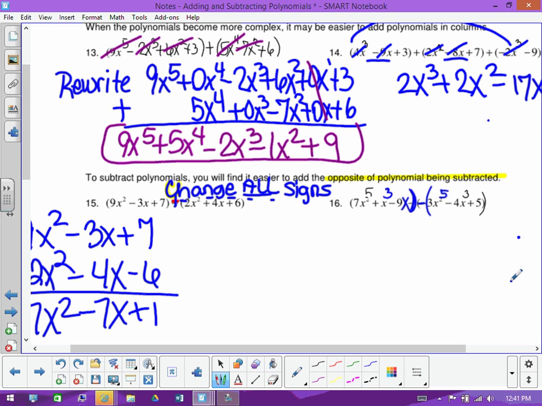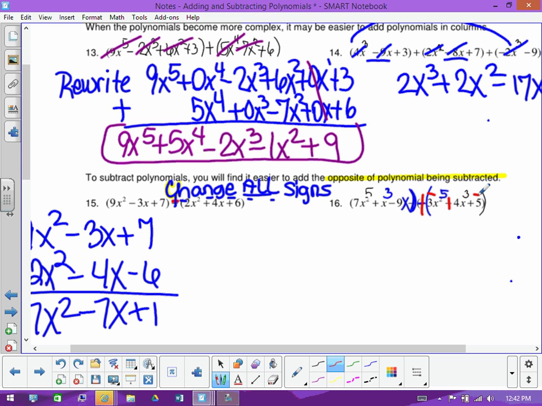So, first thing, second polynomial, add the opposite. That's positive, makes that one negative, makes that one positive, makes that one negative. You can just do what you were doing.